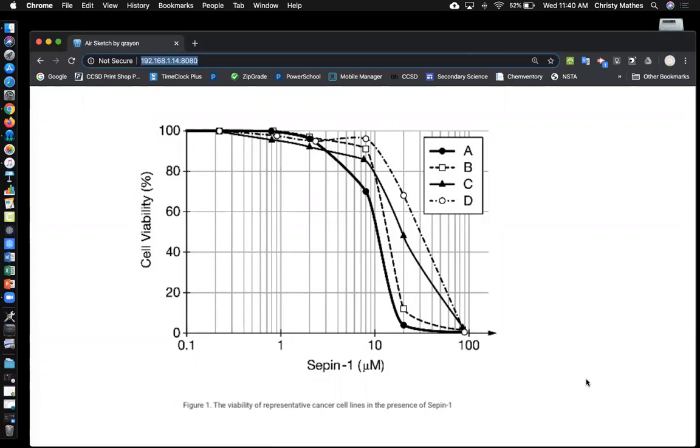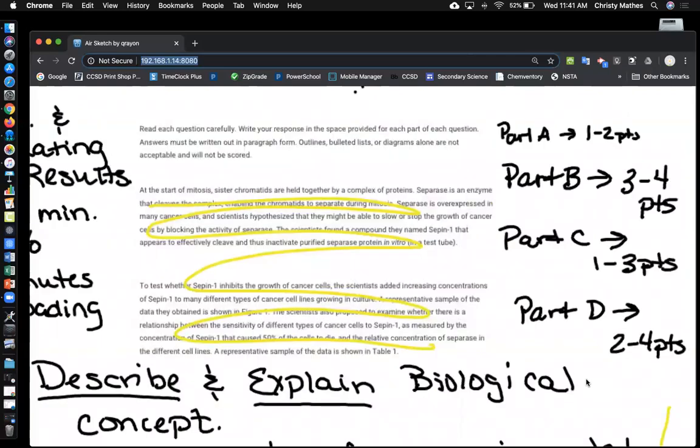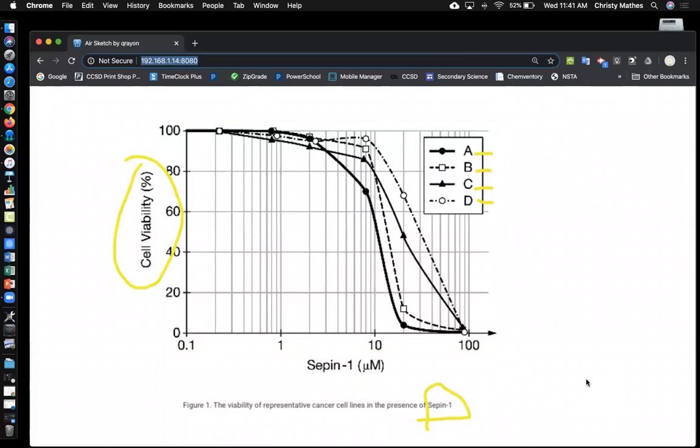Each one of these represents a line of cells, specifically cancer cells. We can see that we are looking at SEPN1, and we are looking at percent viability of those cells. The hope of this experiment, if we read back here, is to see if SEPN1 can inhibit cancer cell growth.